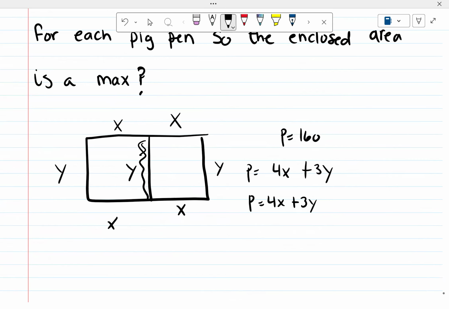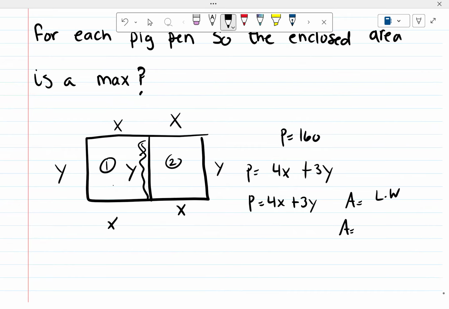And then what else do we know? What about area? What is an area? It is length times width. So look at the area of pig pen 1, pig pen 2.